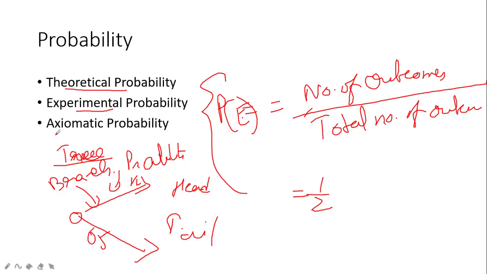Let's move to the last type of probability, axiomatic probability. It is based on rules of axioms, and there are three axioms.